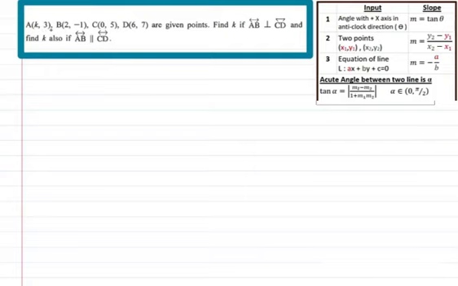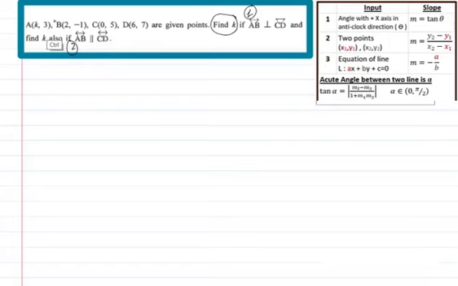Here we have our next question, in which we have 4 different points: A (k, 3), B (2, -1), C (0, 5), and D (6, 7). We have to find the value of k for 2 different cases. First one, line AB is perpendicular to line CD. And second case, line AB is parallel to line CD.